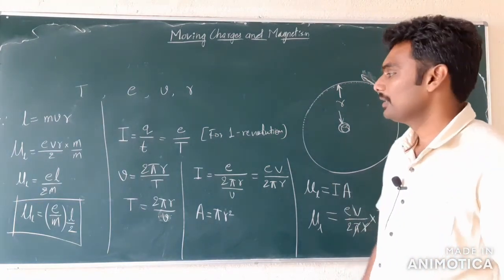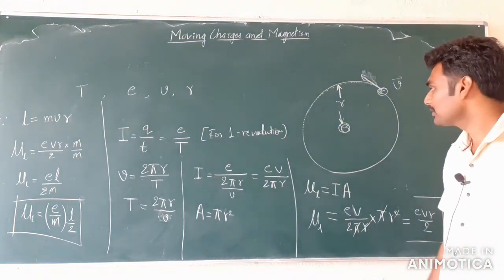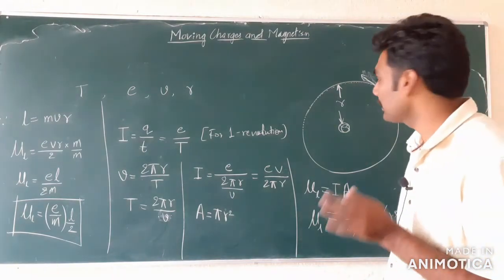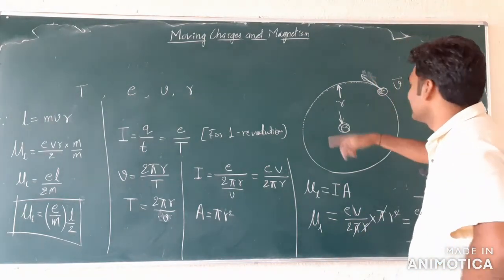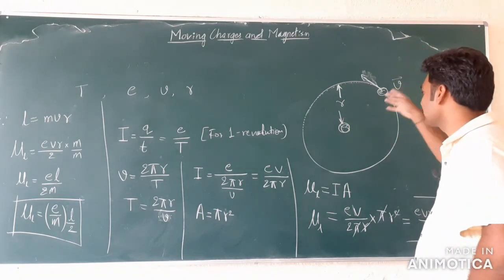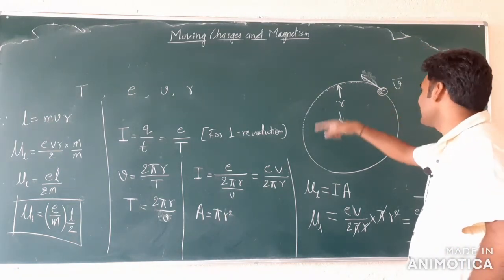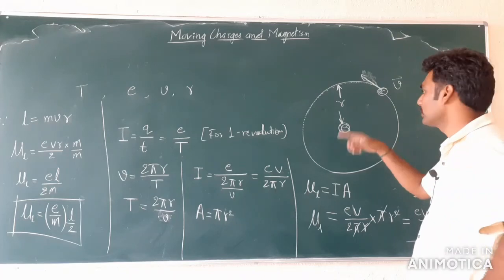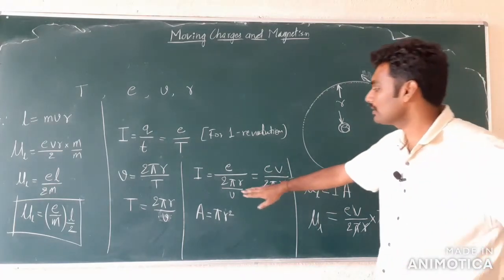Clear? Here we have connected so many things. This is actually a charge, electrostatics, and we discussed the properties of that. That charge is moving, so this moving charge gives us the current.